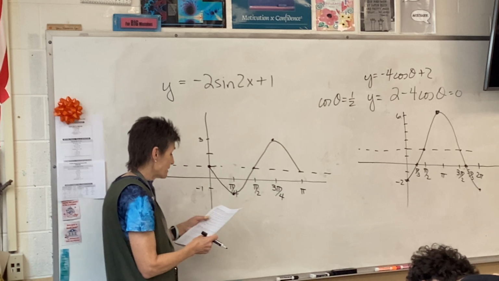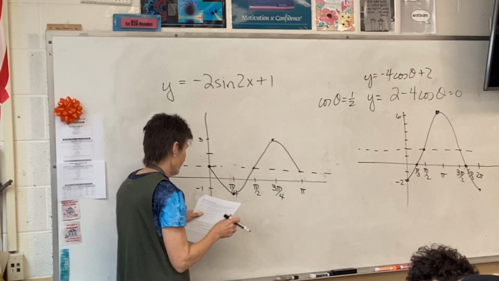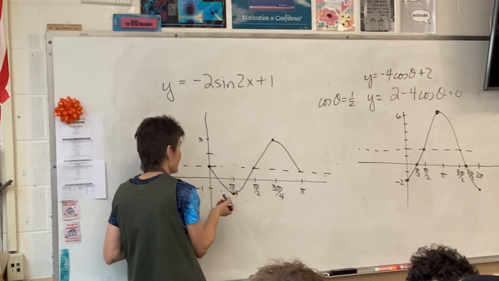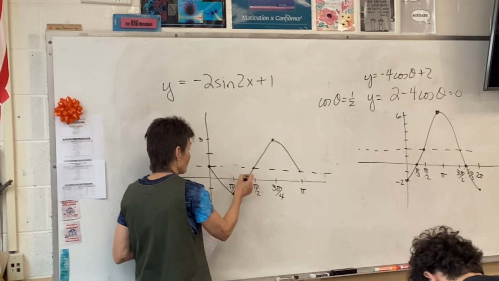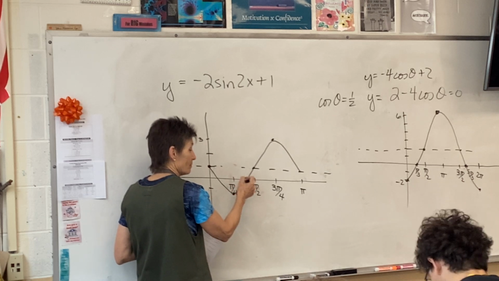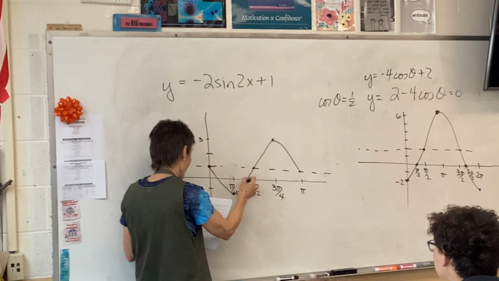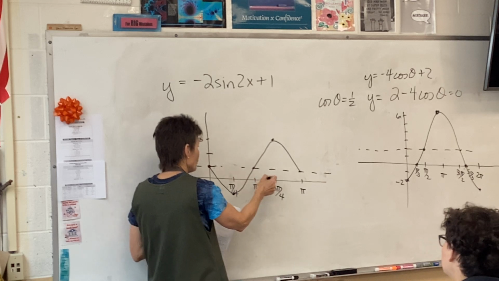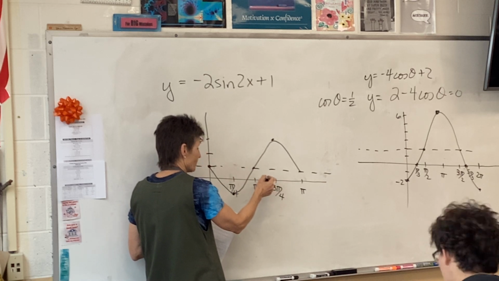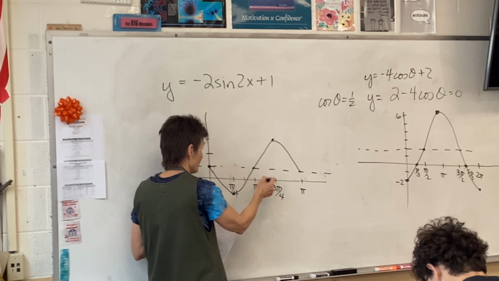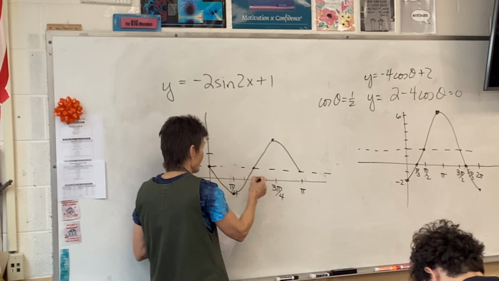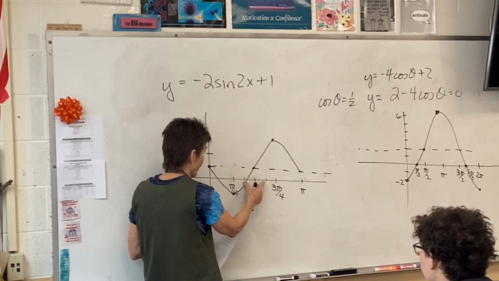All right, let's look at the interval from pi over 3. Wouldn't pi over 3 be in here somewhere? So from pi over 3 to 2 pi over 3, the interval from somewhere in here to somewhere over here, so this part of the graph right here.